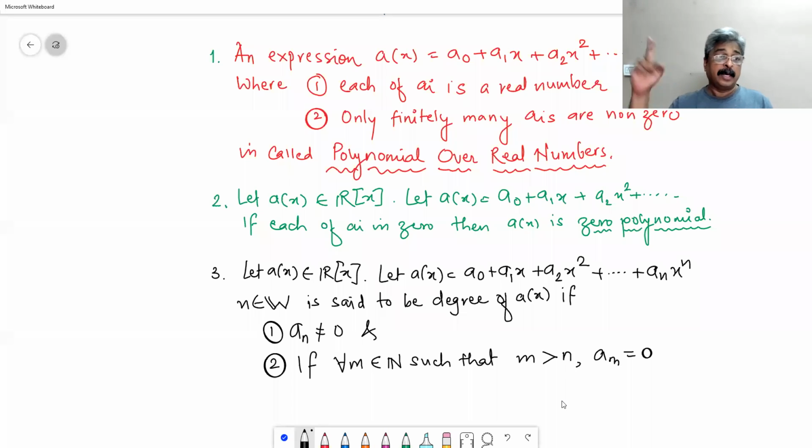After n, everybody is 0. That is the meaning of this statement. Then we will say n is the degree of a of x. Okay.